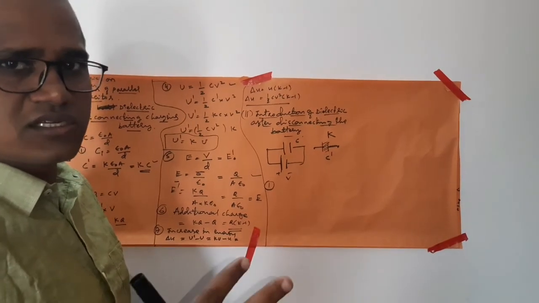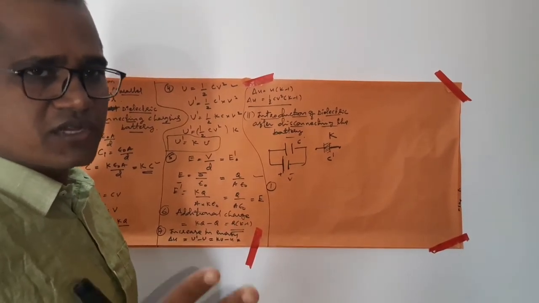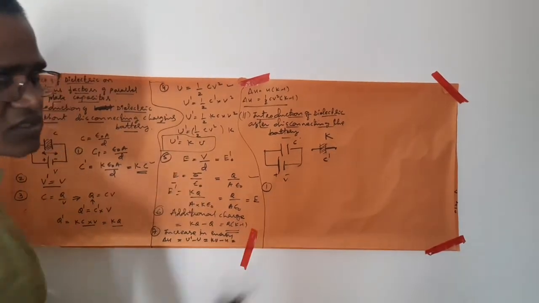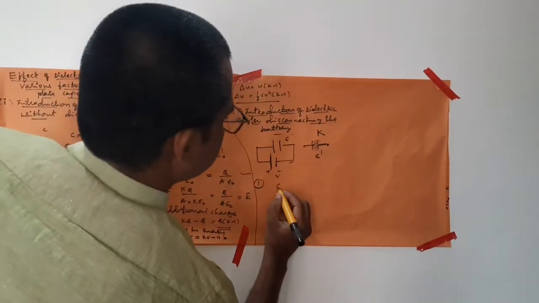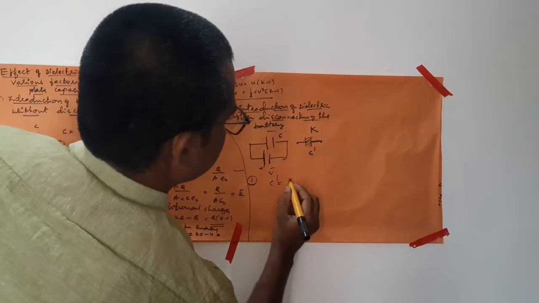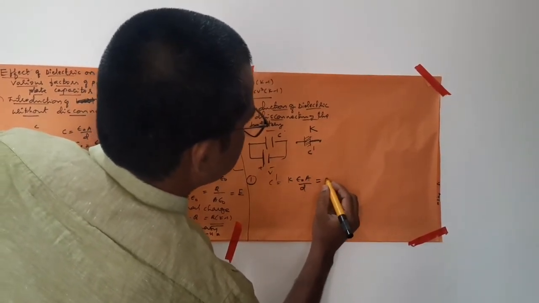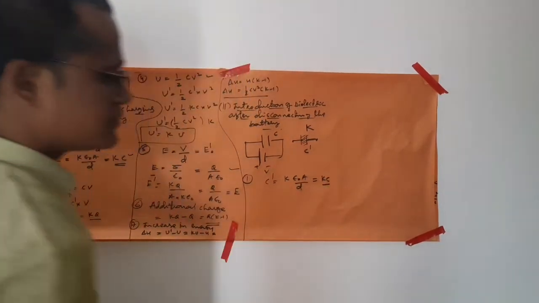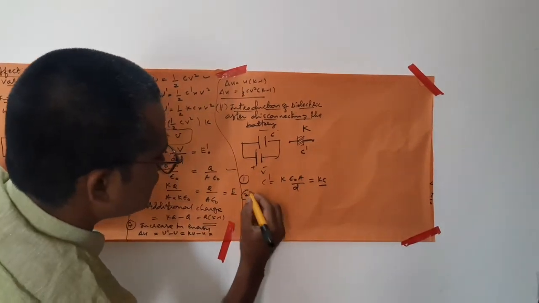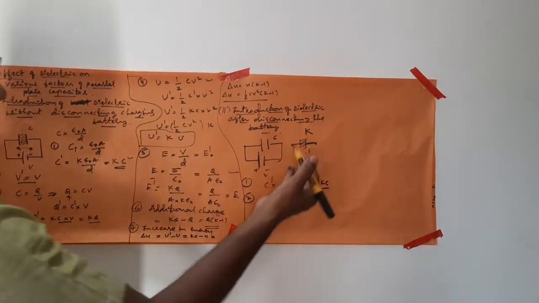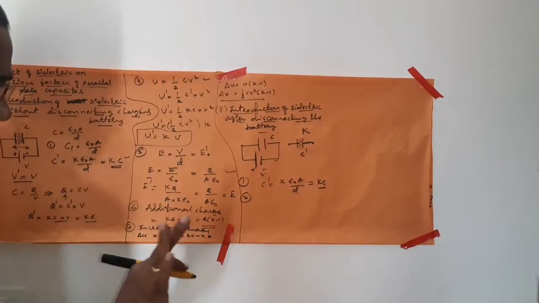So Q and V don't decide the capacity. For a given capacitor, capacity will be the same. In the same way, what is C dash? C dash will be K times epsilon naught A by D. So capacity will increase by K times. Second, what will happen to its charge?